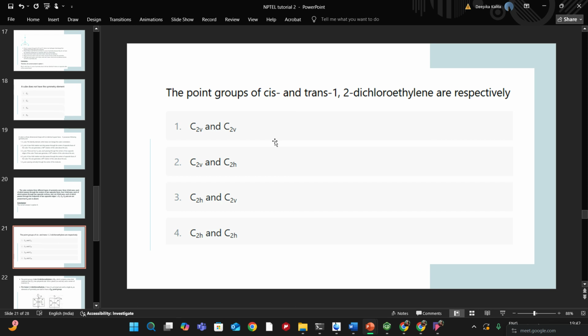Next question says the point groups of cis and trans 1,2-dichloroethylene are respectively. Out of these four options, you have to choose. Let us draw the molecules cis and trans 1,2-dichloroethylene.